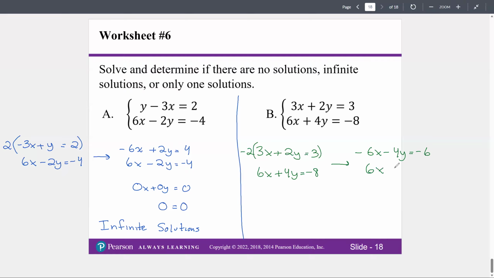And then we still keep the 6x + 4y = -8. I forgot to put my addition over here. So if we add that, we get 0 x's, we get 0 y's. But here, we don't get 0, we get -14. So 0 = -14, which can't happen, so we have no solutions.